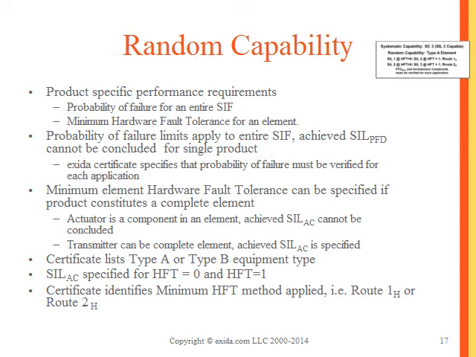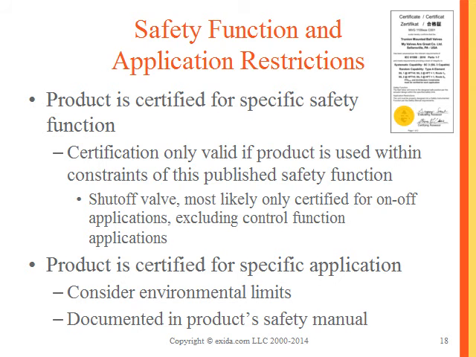It's still within the scope of the standard, but it's just a better way to get credit for good engineering practices. Same thing, if you have adequate data. One of the reasons people came up with the architecture constraints was to avoid ridiculously low failure rates and ridiculously low proof test intervals being used in the probabilistic calculations. So if you have adequate information, then that's definitely the way to go forward.